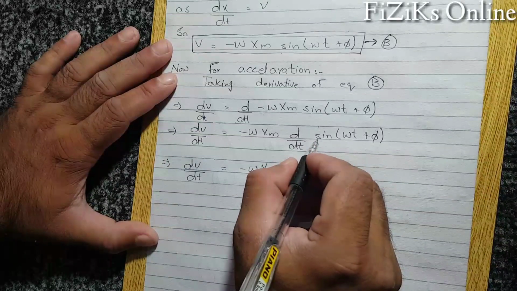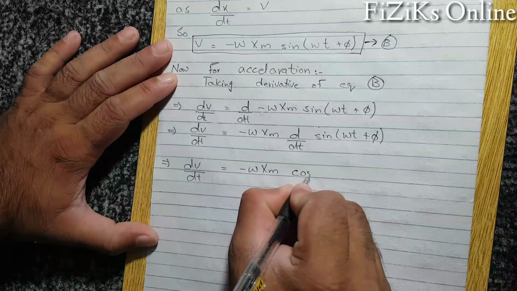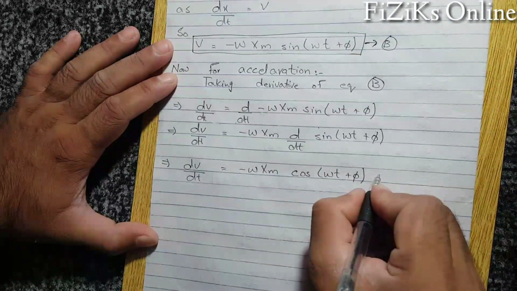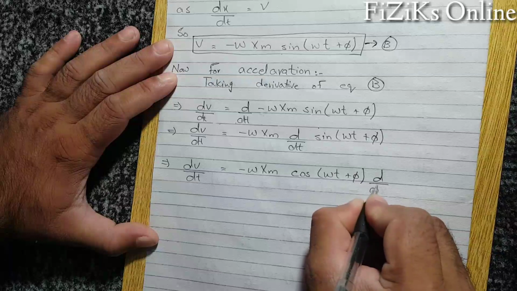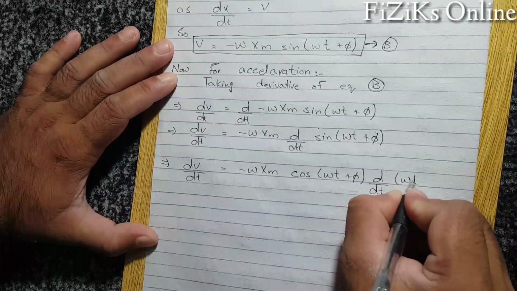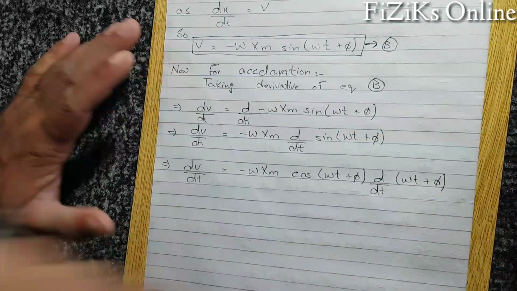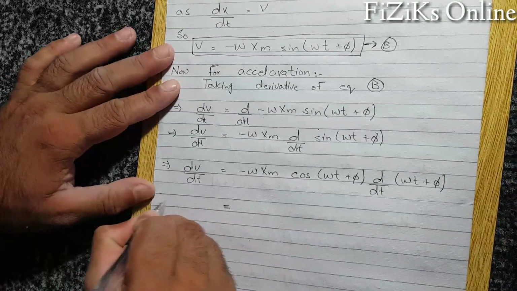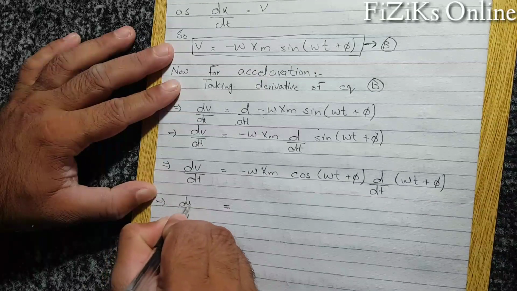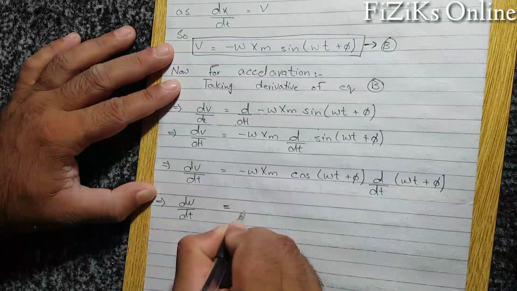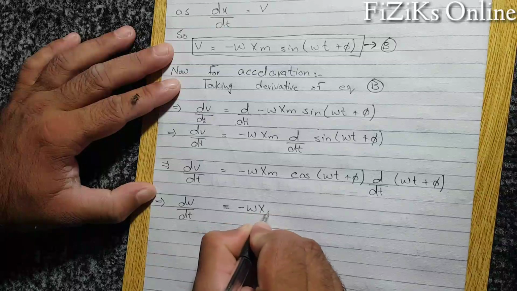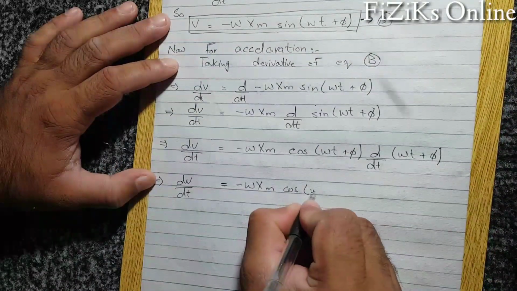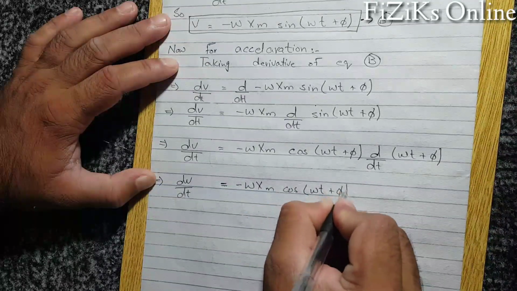The derivative of sine is cos, so dv by dt equals minus omega xm cos(omega t plus phi) times d by dt of (omega t plus phi).